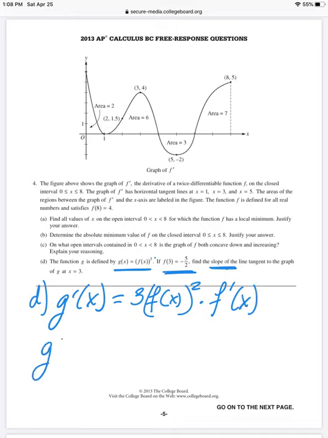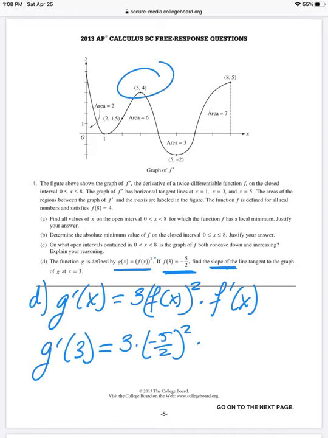So now I got to plug in 3. Well, they told us f of 3 here is going to be negative 5 halves. So that's 3 times negative 5 halves squared times the derivative of f at 3. Well, where's the derivative? That's here at the graph. Boom. This is the derivative, and at 3, it's 4.